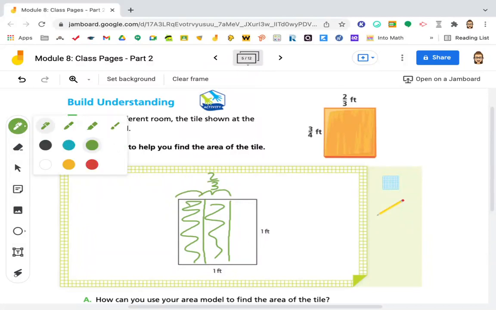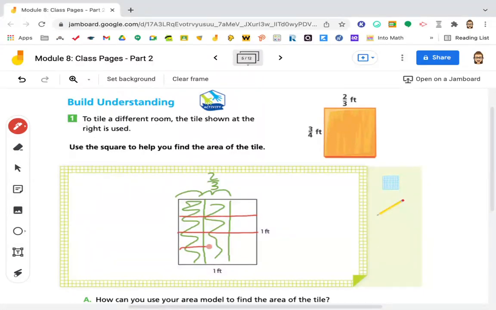And then we are going to divide it into 4 equal parts to represent the fourths, and we're going to shade 3 of them. So that would give us 3/4 feet. That should be feet here.